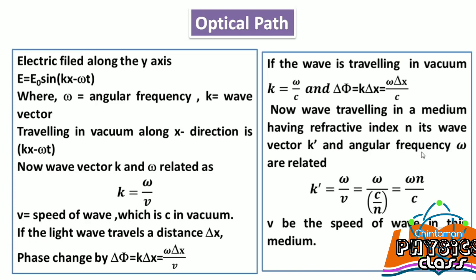Now, for a wave traveling in a medium having refractive index n, the wave vector is represented by k', and it is related to the angular frequency ω. We can write k' = ω/v = ω/(c/n). We know from the definition of refractive index that n = c/v.